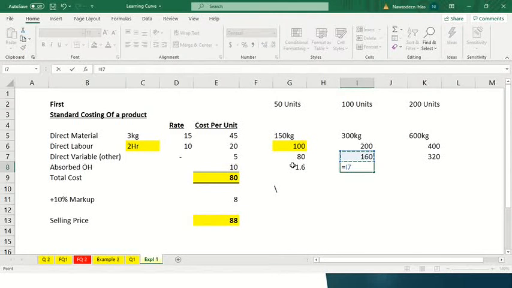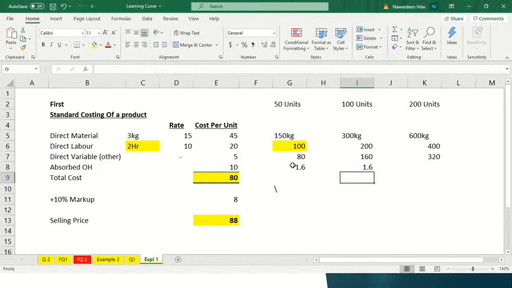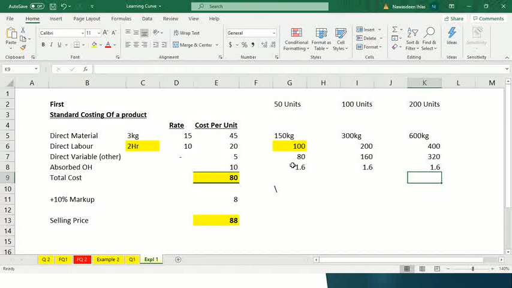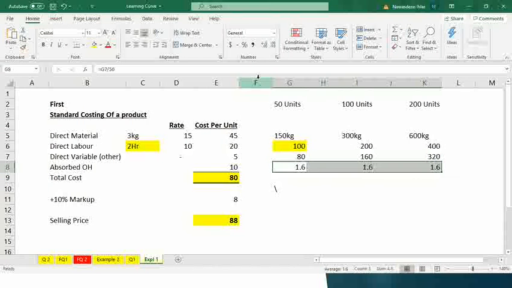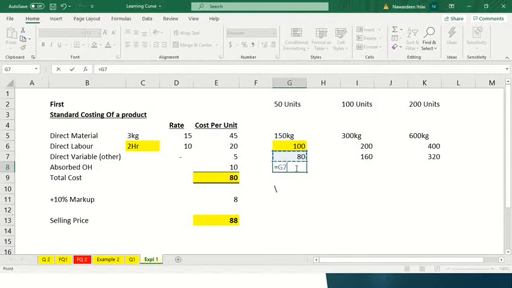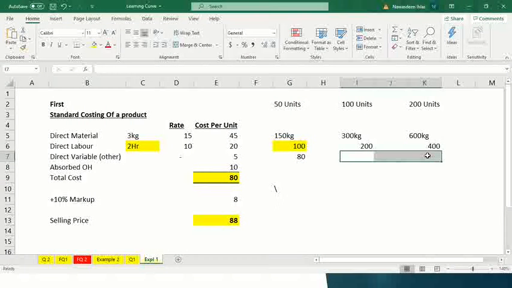time consumption here. Okay, we'll take this example.